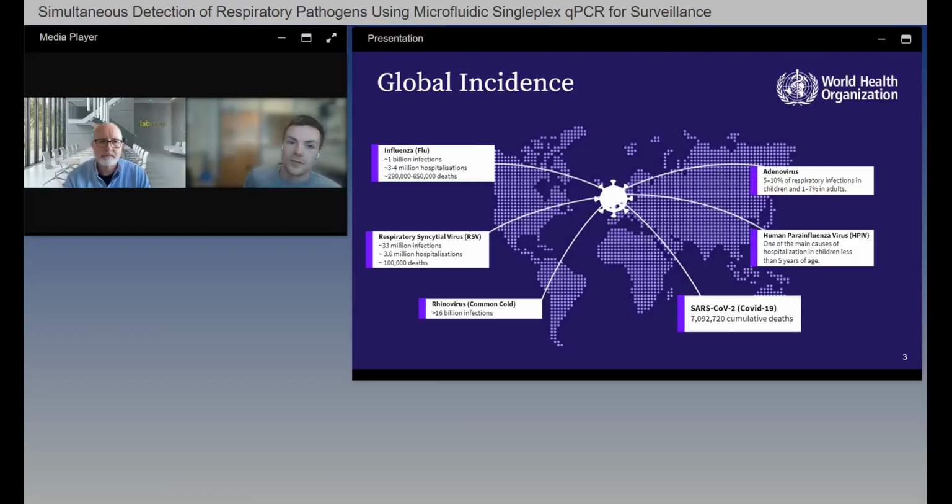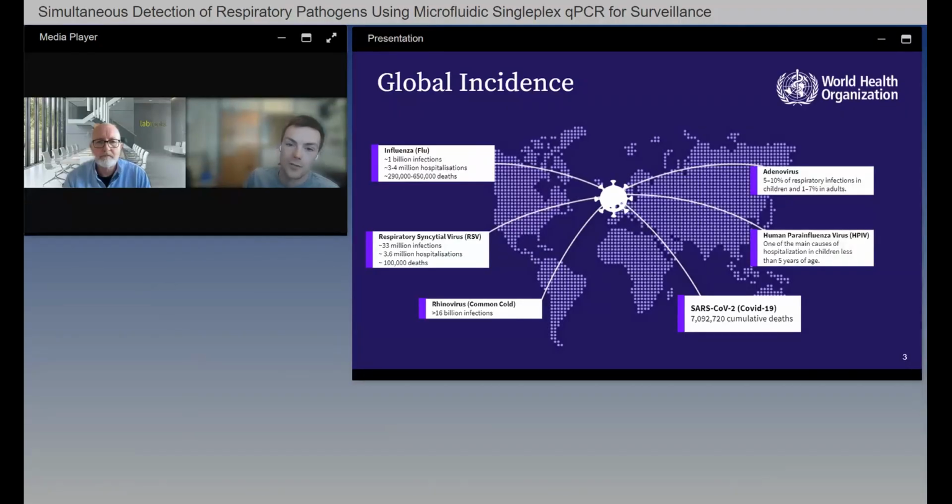So the global incidence of common respiratory viruses has maybe been on people's minds a lot recently since SARS-CoV-2 emerged, and since the emergence of SARS-CoV-2, there's been a cumulative over 7 million excess deaths.